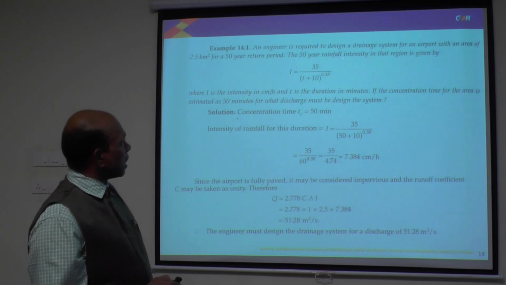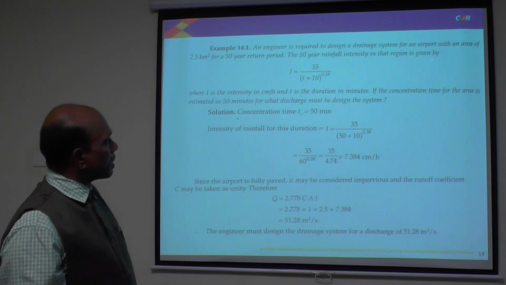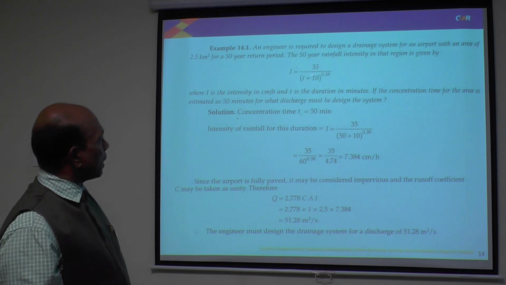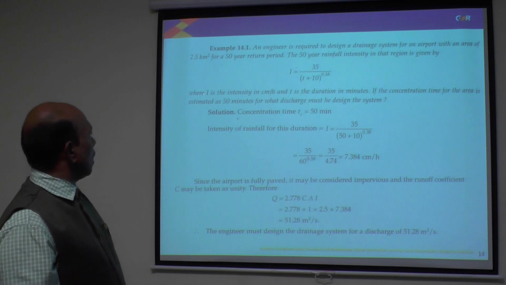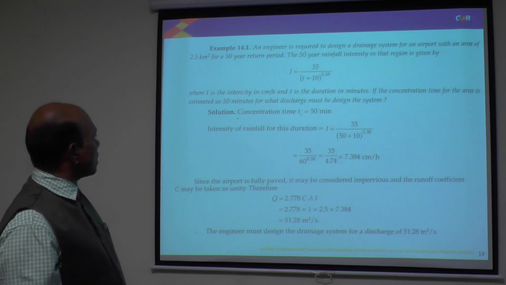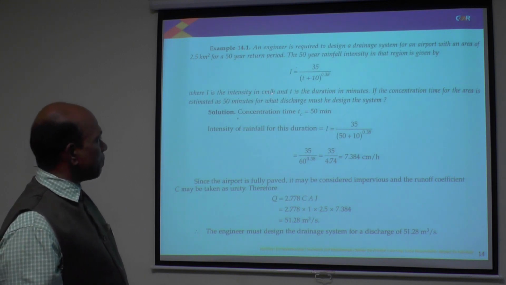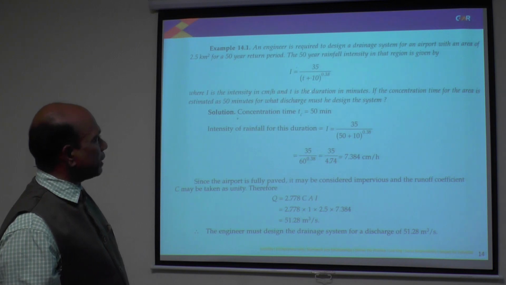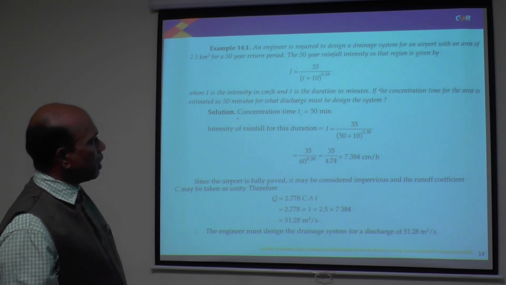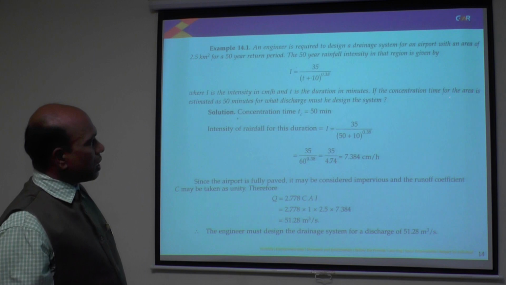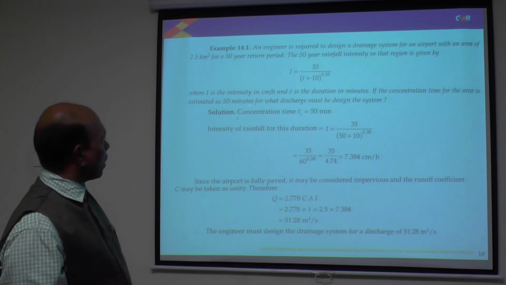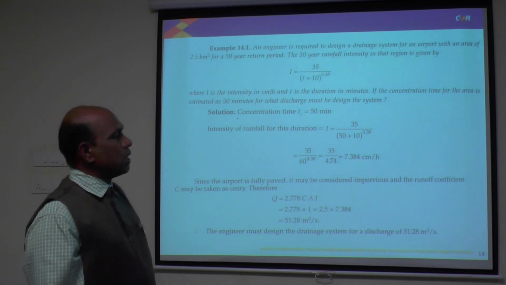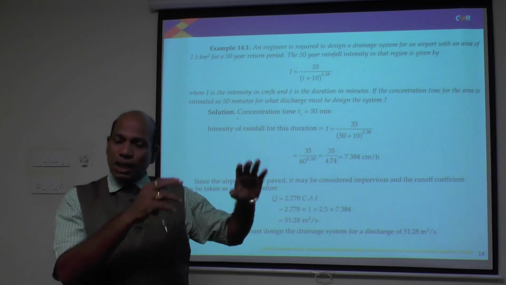The 50 years rainfall intensity in that region is given by I equal to 35 divided by (T plus 10) whole power 0.35, where I is intensity of rainfall in centimeter per hour and T is time of concentration in minutes. If the concentration time for the area is estimated as 50 minutes, for what discharge must the system be designed? Right, this is the given problem.